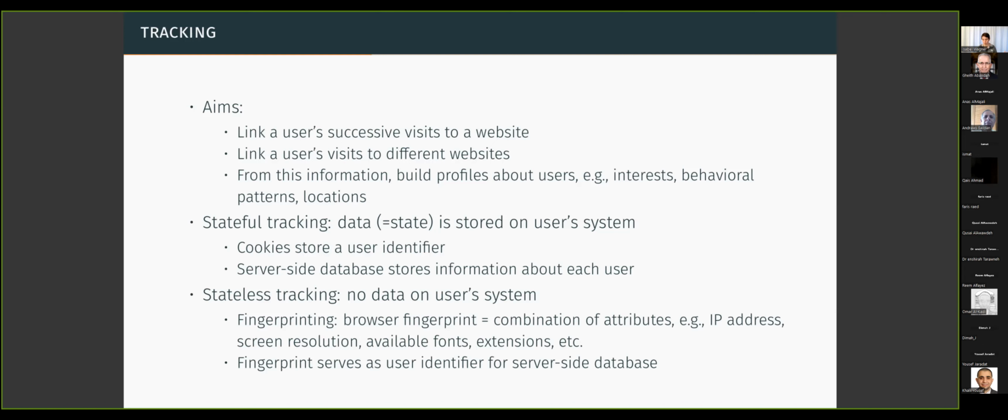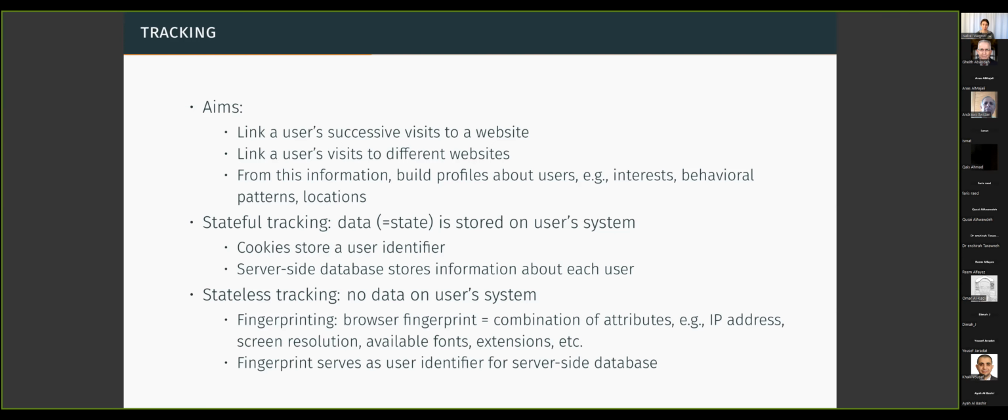Let's say it stores timestamps when the user visited the website, or maybe stores search terms that the user used on that website. And then, every time the user visits a website again, that cookie with the identifier is sent to the server, and the server can update their database.